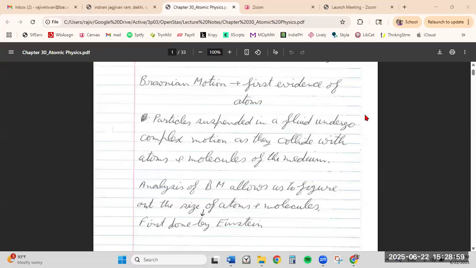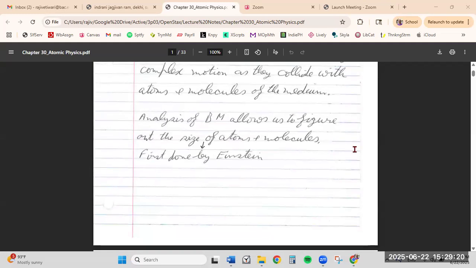You might have seen instances of Brownian motion if you look at sunlight coming through the windows of a room, and if there is any dust in the room, you can see particles of dust just dancing around randomly. So that's an example of Brownian motion.